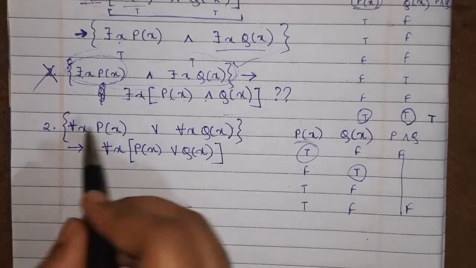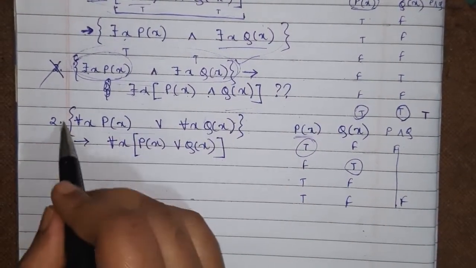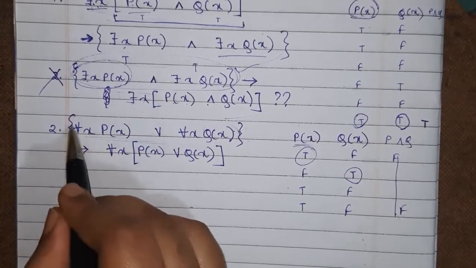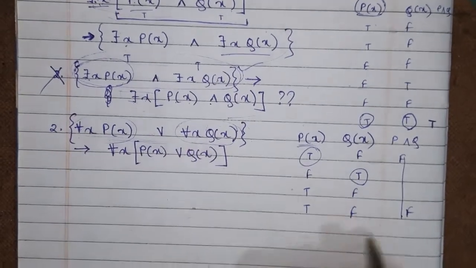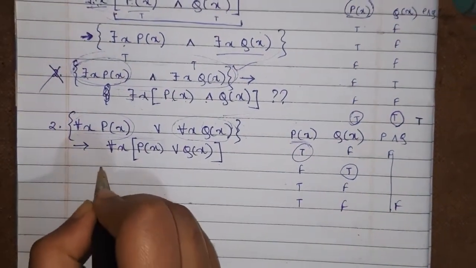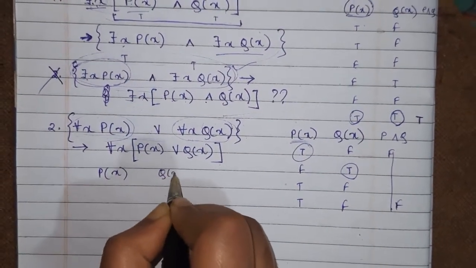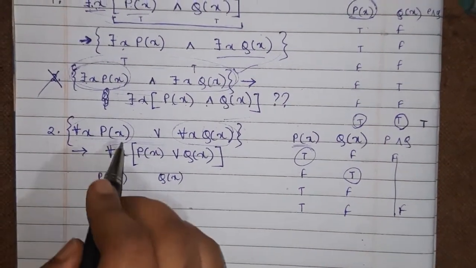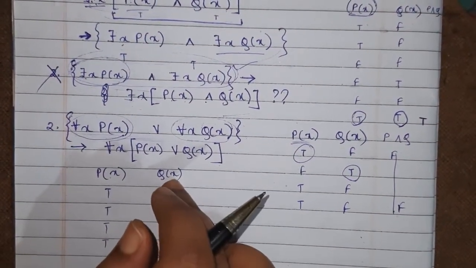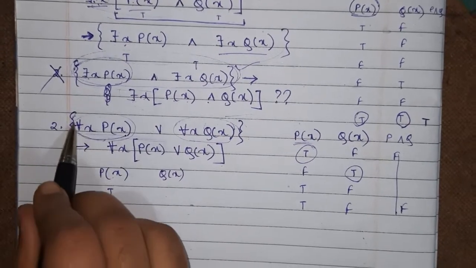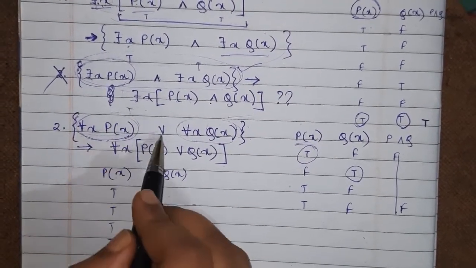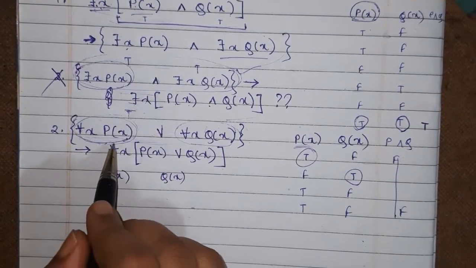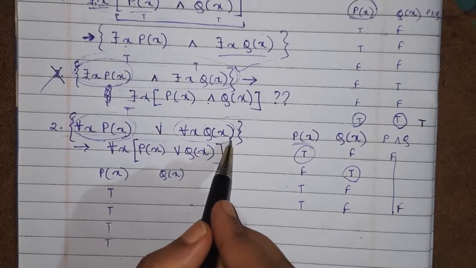Here, for the left hand side to be true, we need to make either this one true or this one true. Suppose I am having p of x and q of x where p of x is all true. Means this one is true. Since this is an OR condition, we need only one value to be true. So this whole left hand side is now true.